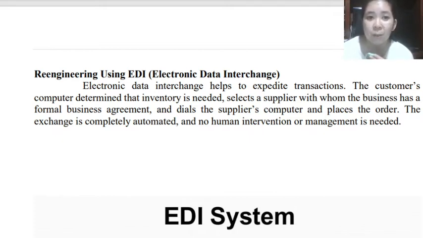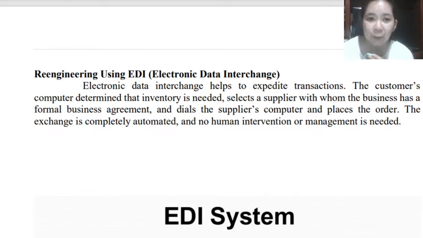So the customer's computer determines that inventory is needed, selects a supplier with whom the business has a formal business agreement, and they will dial the supplier's computer and place the order, meaning all of this will be an electronic based transaction.